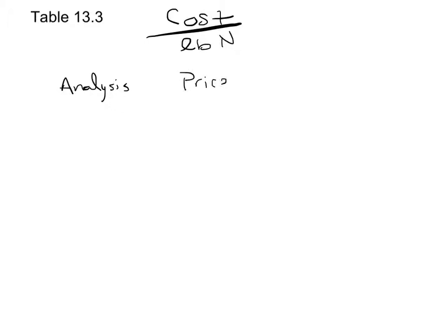In table 13.3, it wants you to take these calculations one step further, and it wants you to calculate a cost per pound of nitrogen. So what they do is they give you the analysis. They give you a price per ton.